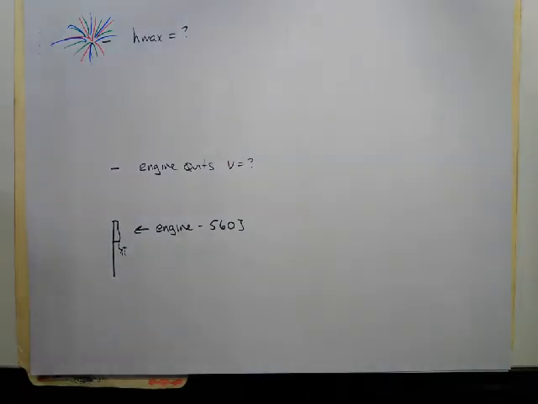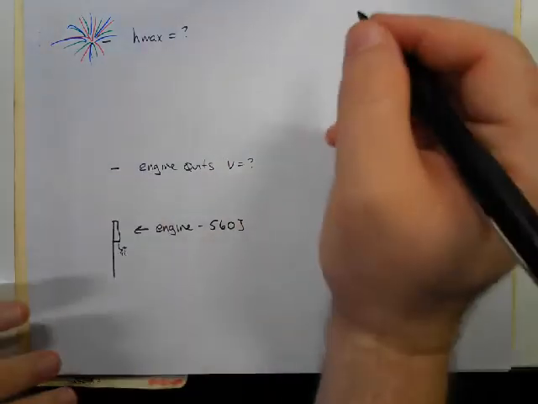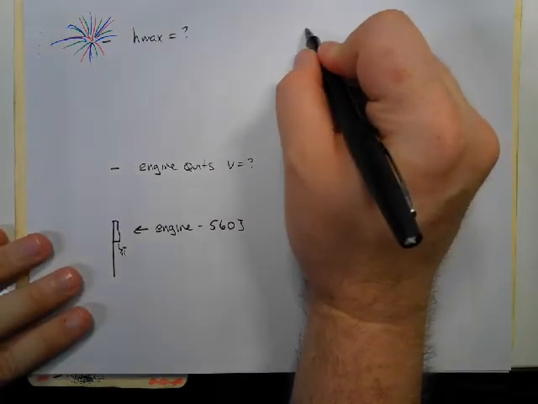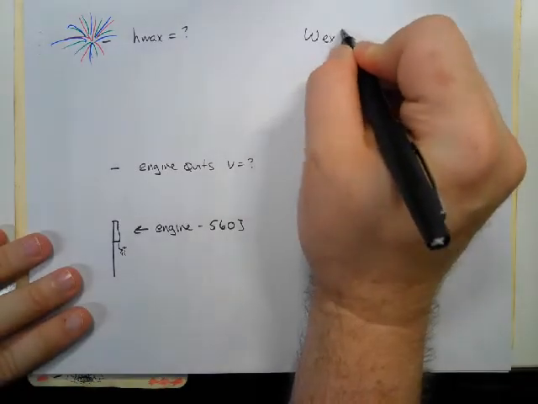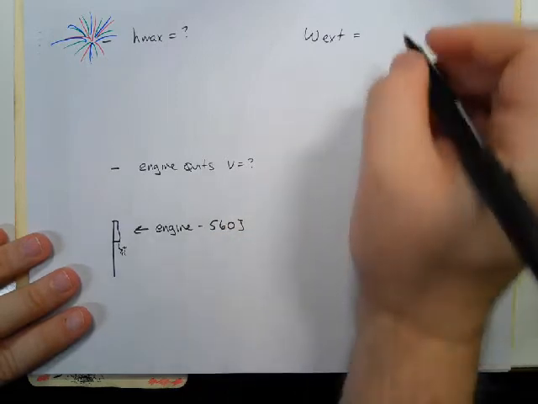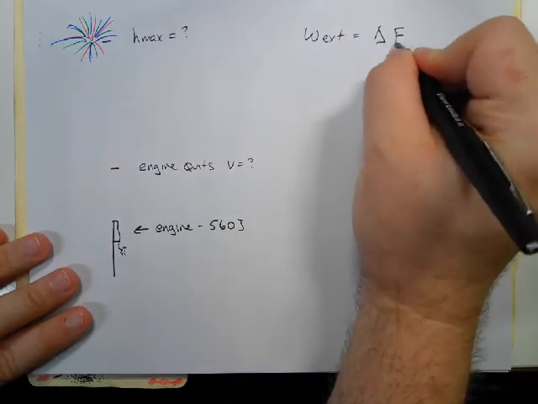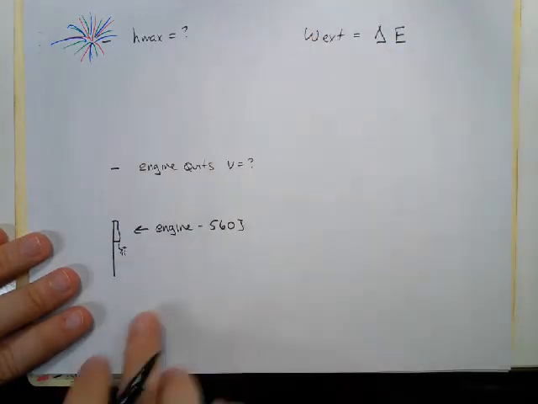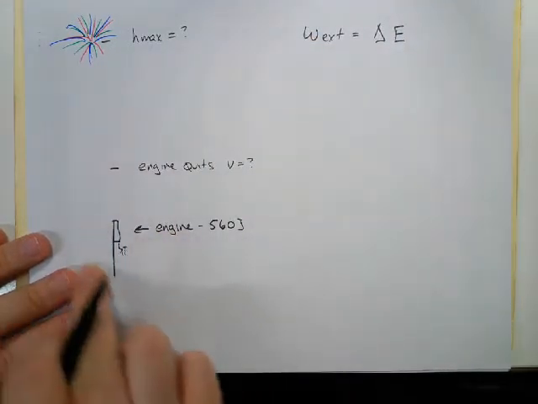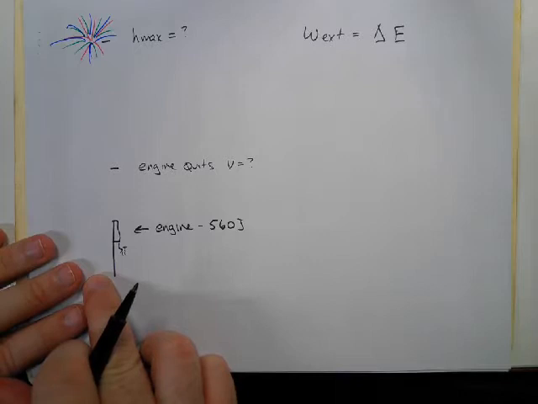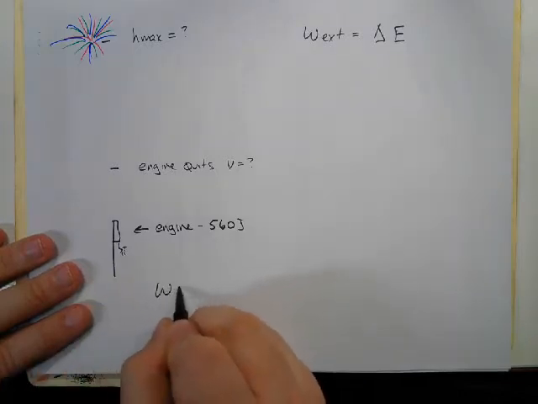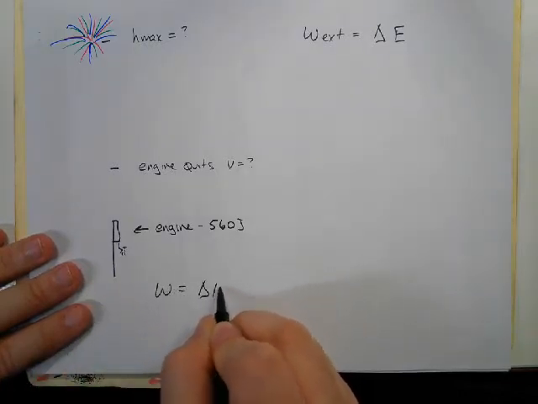So this is a fairly straightforward problem. What we're going to do is say that external work equals the change in energy. Now there's another way we could go about it. We can say that the total work done equals the change in kinetic energy.